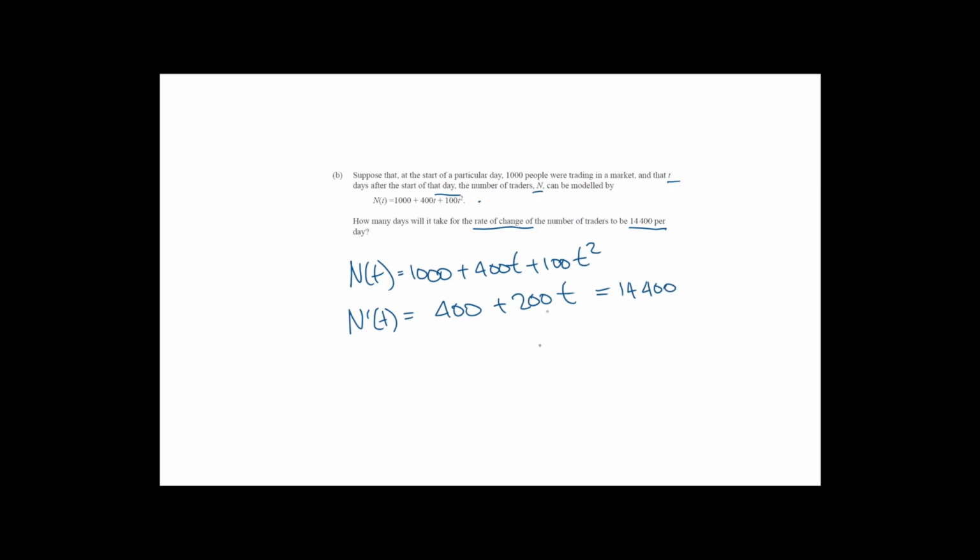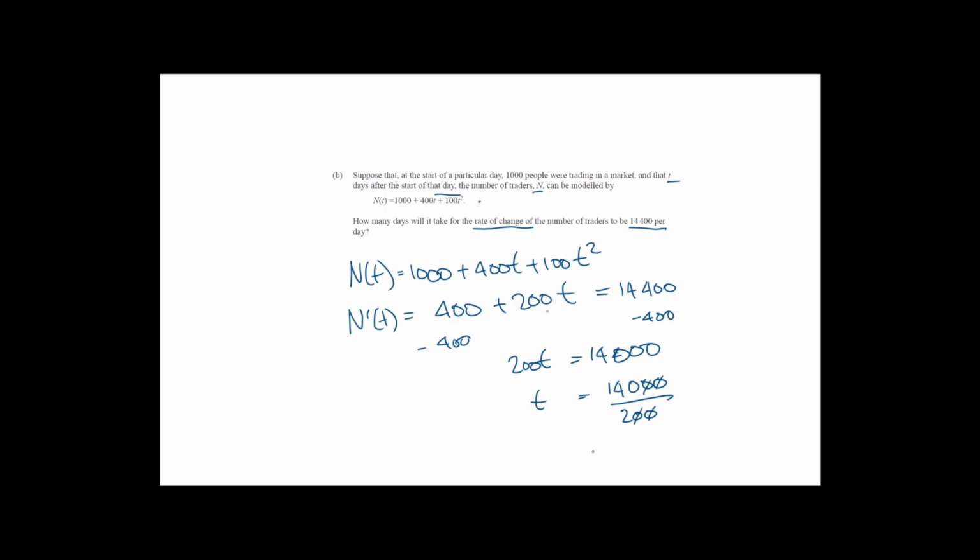So I'm going to take 400 away from both sides, which is pretty trivial. So 200t equals 14,000. So t is going to be 14,000 over 200. The first 0 goes, the second 0 goes.